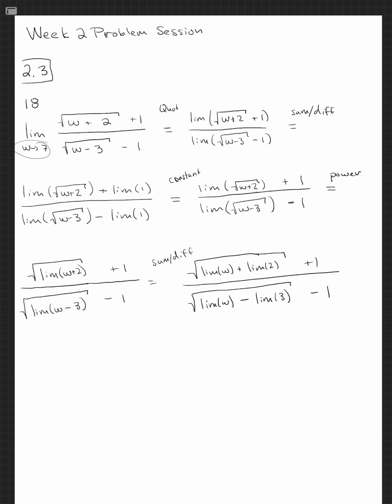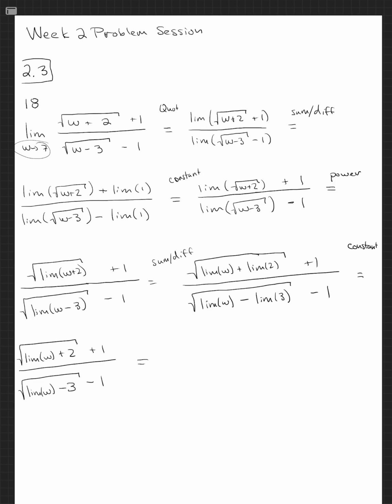And here we have to use another pair of rules that don't have a name. First, we're going to use the constant rule again. Right, so we'll go ahead and get that one done. It's going to be the square root of the limit of w plus 2 plus 1 all over the square root of the limit of w minus 3 minus 1.